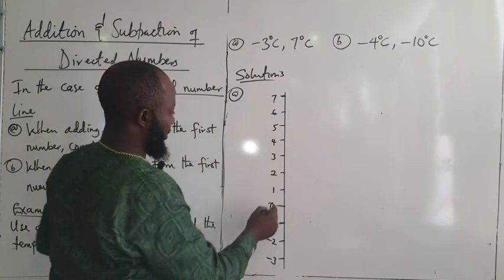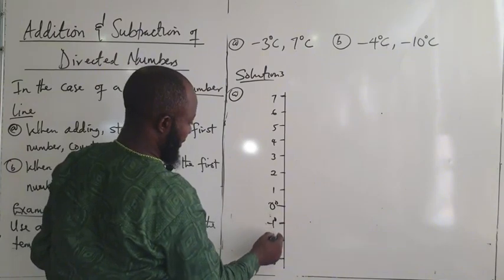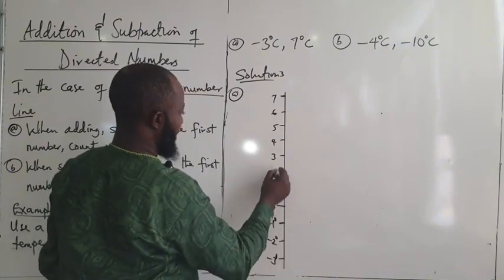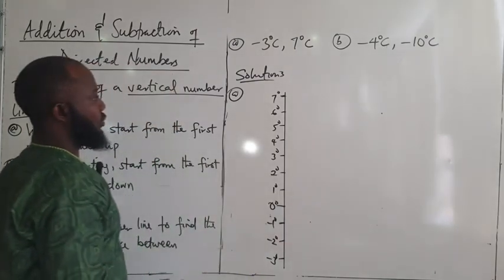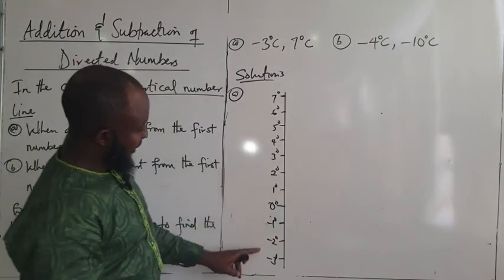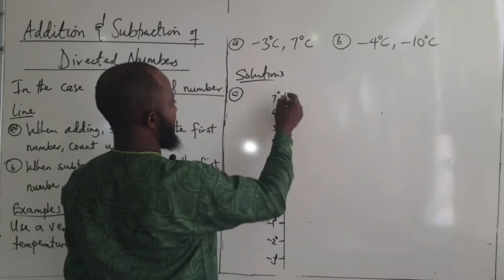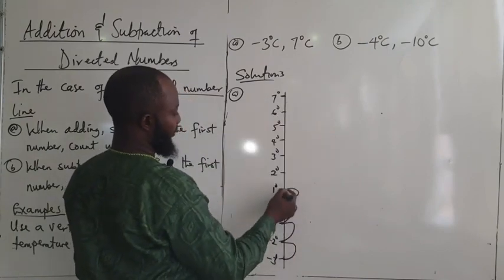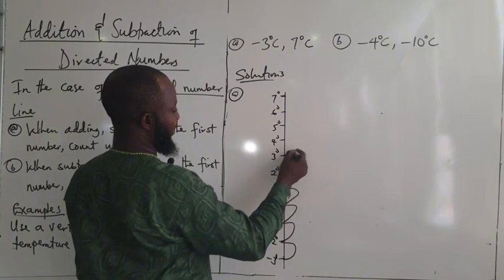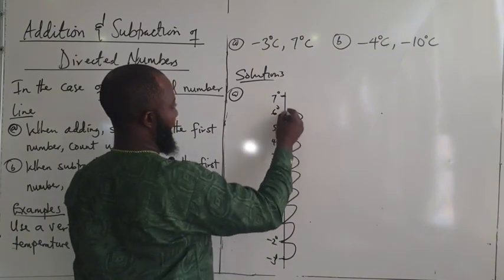Right. So this is degree, degree, degree. We want to see the difference from here to here. So we start counting 1, 2, 3, 4, 5, 6, 7, 8, 9, 10.